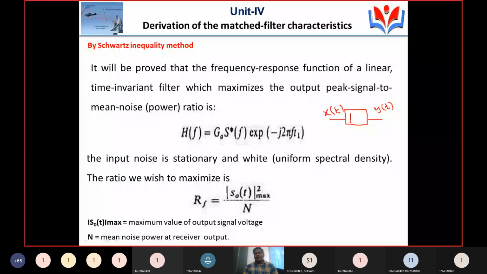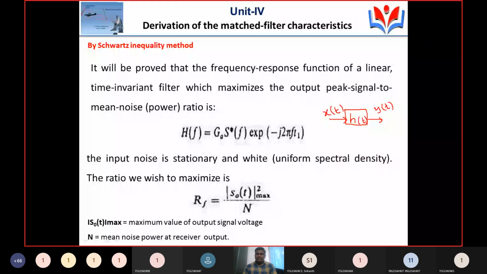So what is y of t? Y of t is the output of an LTI system, which is nothing but the convolution of x of t and h of t. This one we already know. It is the basic of any signals and systems. Any continuous time system which takes x of t and gives y of t as output is related by the function called convolution.